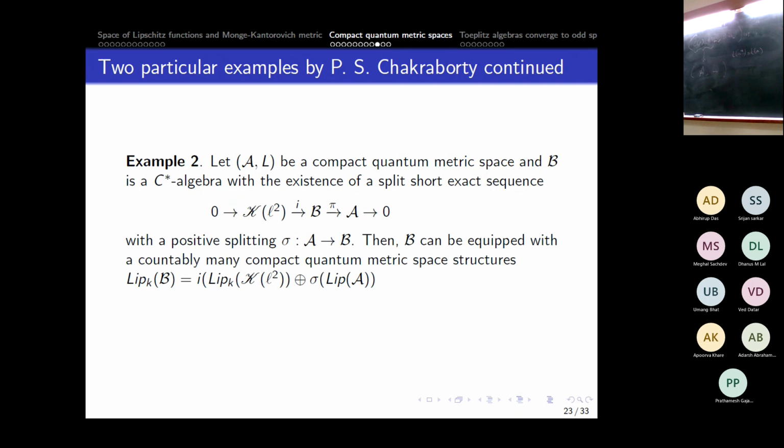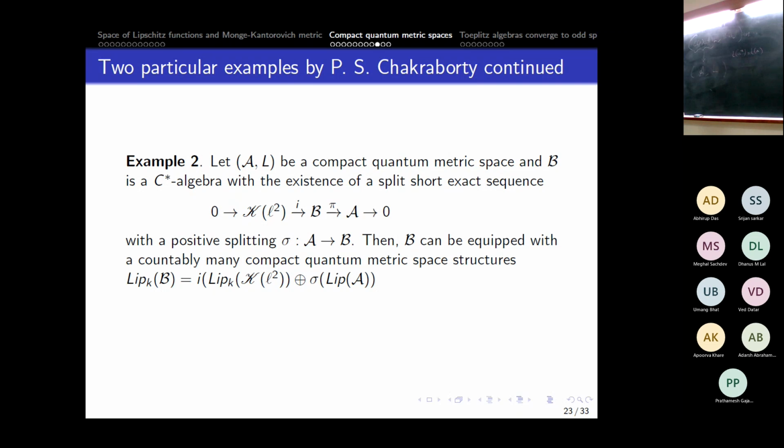Split means there is also a splitting sigma from A to B, which is a positive splitting. Then we can also give B the compact quantum metric space structure, and not just one, because on KL2 there were countably many. Here also we can give countably many structures.